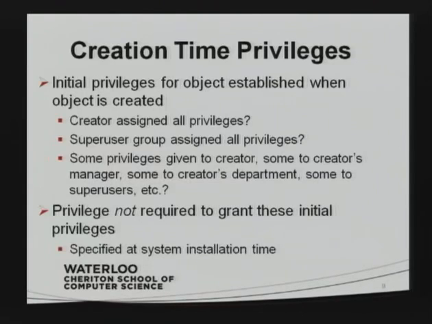Okay, so for every object that I create, at the time of creation, the access control is initialized for that particular object. And we don't need a privilege to do that initialization. That is, it is the system itself that's going to do it, that's going to do that as a sign of the permission. So the question now is, how do we set that up?